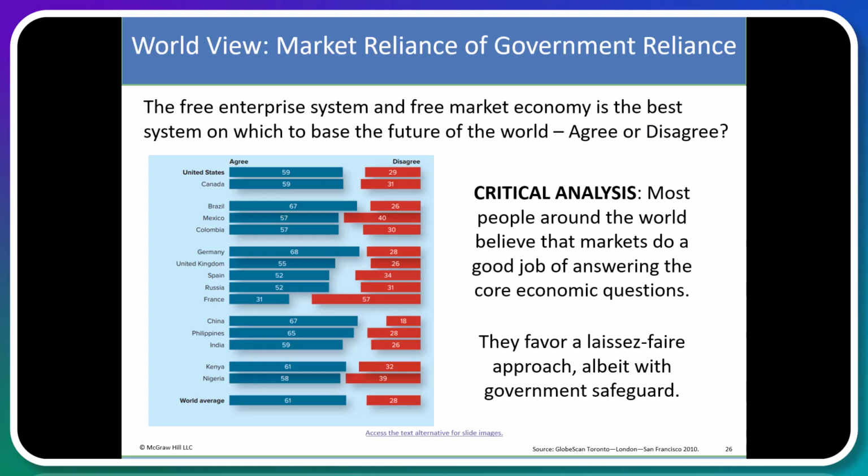Free enterprise. Again, very little government intervention, only when it's needed. So you see the representation here. The majority, especially of economists, believe that the free market economy, the market will decide winners and losers.